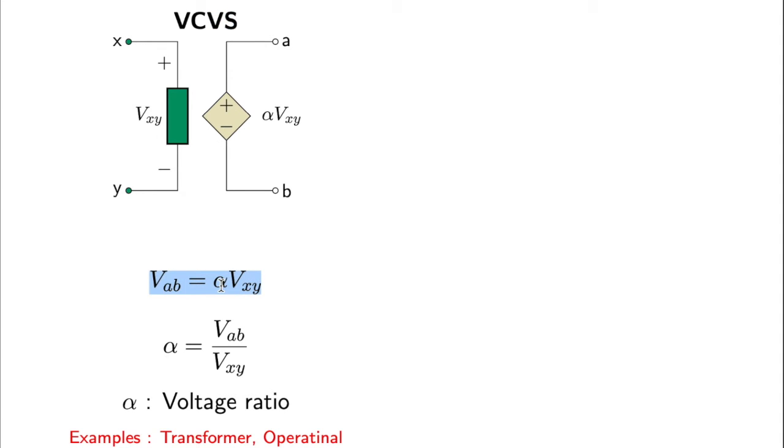The dimension of this alpha is a voltage ratio. The transformer and the operational amplifier are examples of the voltage controlled voltage source. In a transformer, the secondary voltage depends on the primary voltage multiplied by the turns ratio. Similarly, in an operational amplifier, the output voltage depends on the differential voltage input.